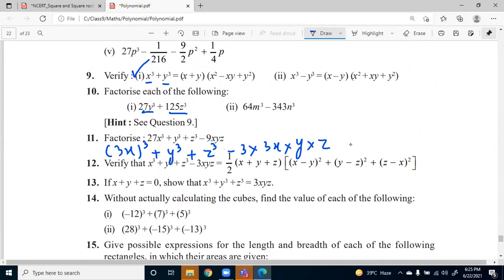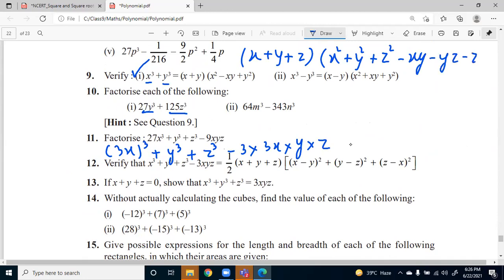So what should I do for this question? I just write the identity, then x plus y plus z in one bracket, x square plus y square plus z square minus xy minus yz minus zx. This is the identity. So in our case, x is 3x. So in right hand side, I will be writing 3x, y is y, z is z in this question.